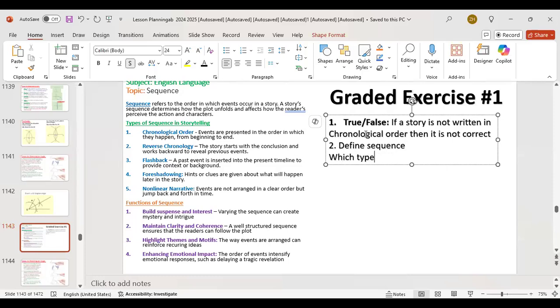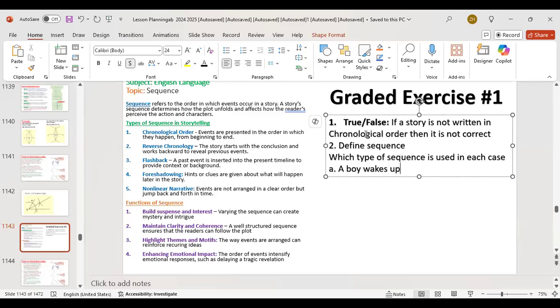Which type of sequence is used in each case? A, a boy wakes up, eats breakfast, and walks to school.